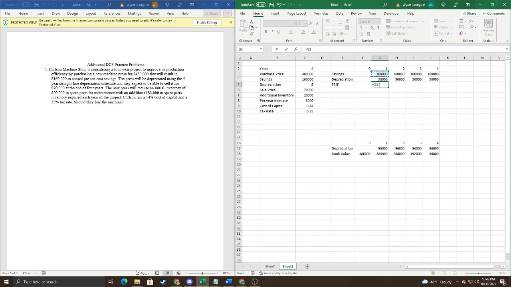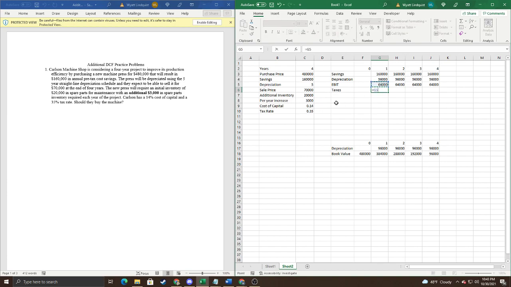So what we're going to do is we're going to just take savings, and then we're going to subtract out depreciation, and that's just going to give us our earnings before income tax. Then we are going to simply take that, and we're going to find how much we owe in taxes, because this is going to be our real cash flow.